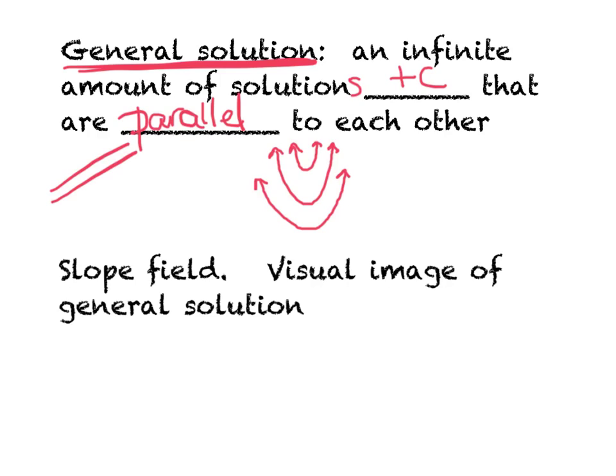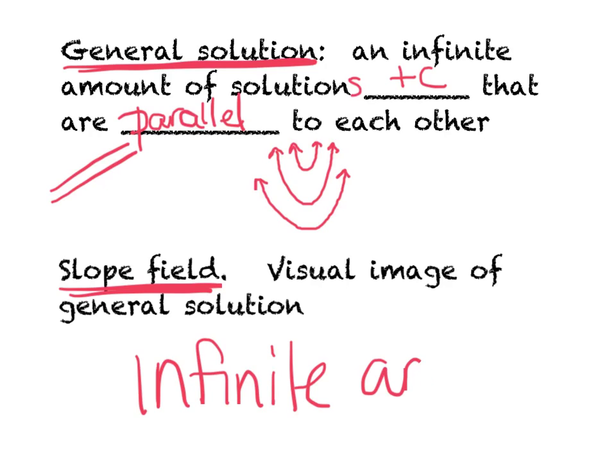They are parallel to each other. And again, this slope field that we draw is going to give us the visual image of this general solution. So I just want to point out, when we graph these slope fields, there are an infinite amount of answers.